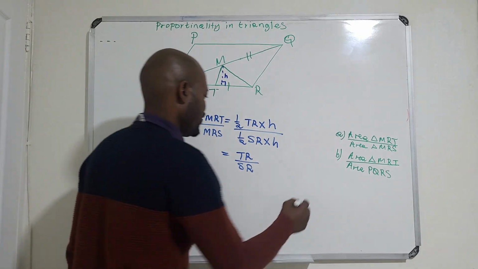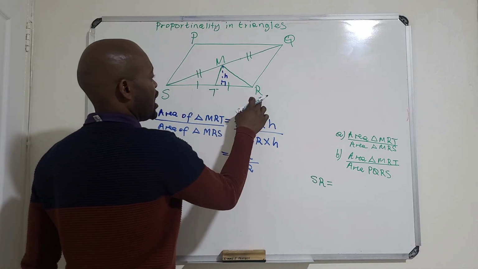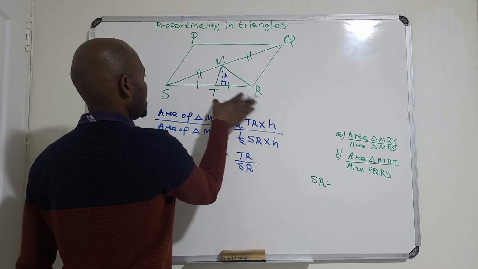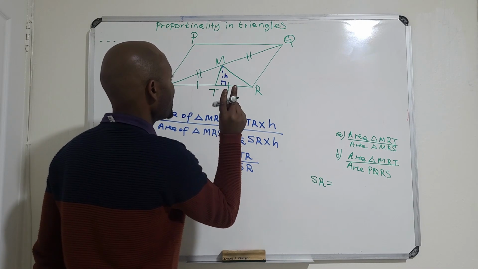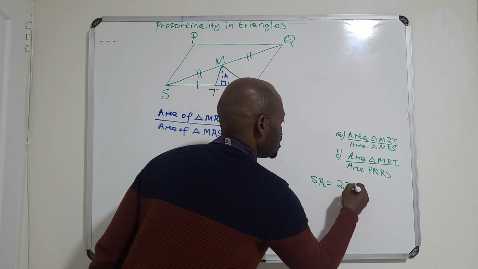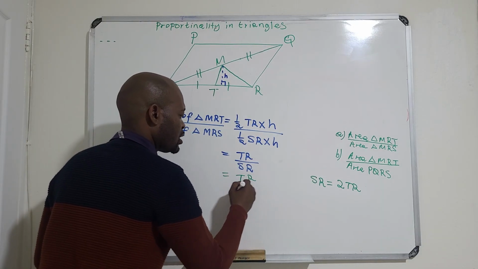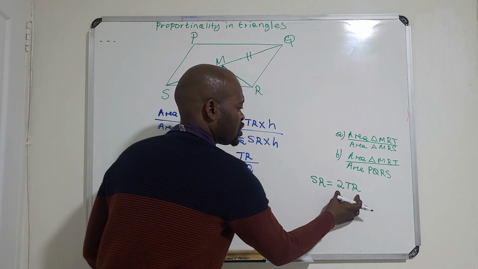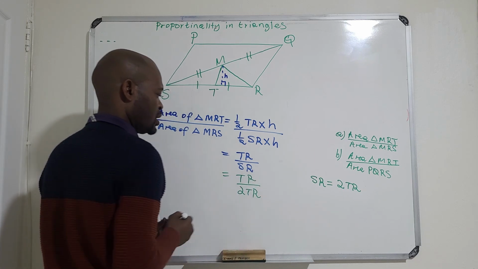Now we know that SR is 2 times TR. This whole line is twice this line. Therefore, here we're going to have TR over SR, which is the same as TR over 2 times TR.